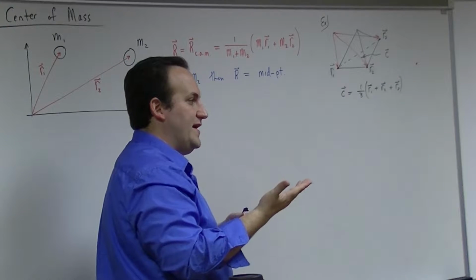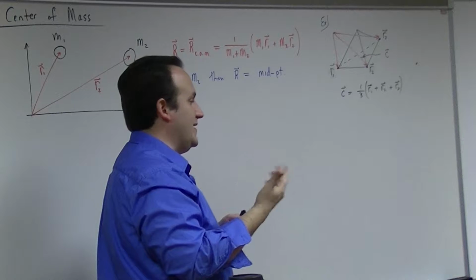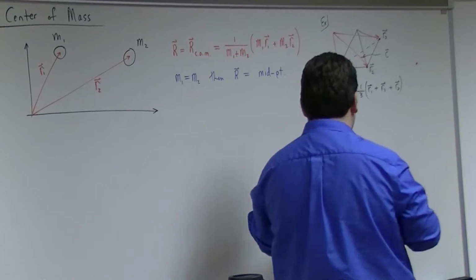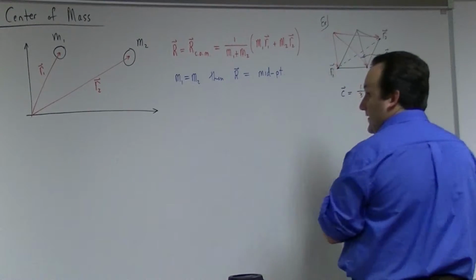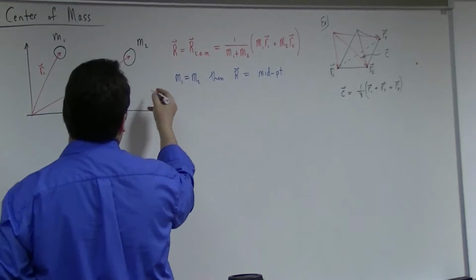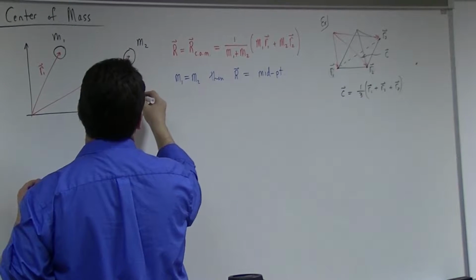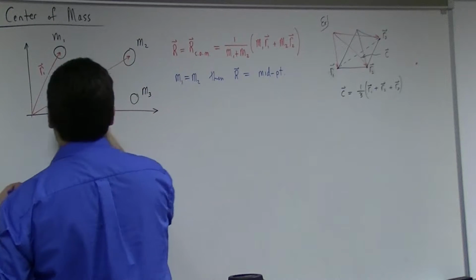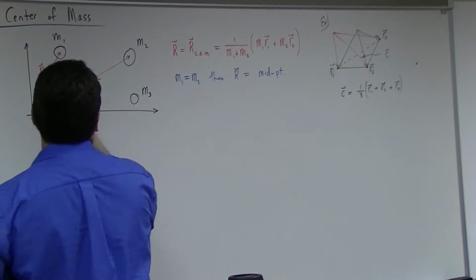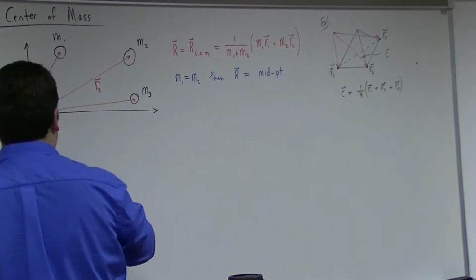Now that would be the center of mass of what? If I had three masses, M1, M2, and M3, to get the center of mass. So let's shift gears here a little bit. If I add a third mass to my initial picture here, why don't we just add n of them?